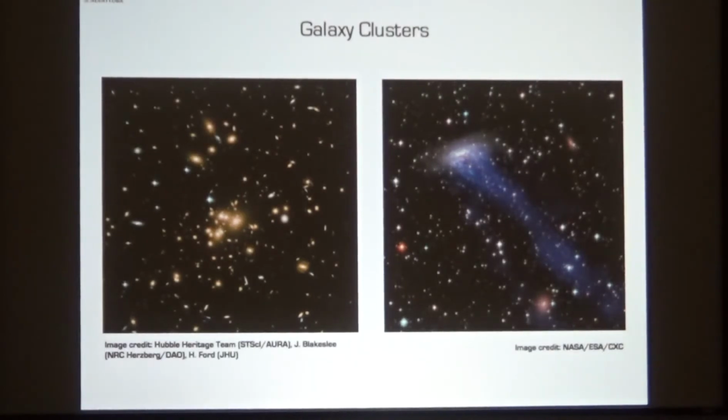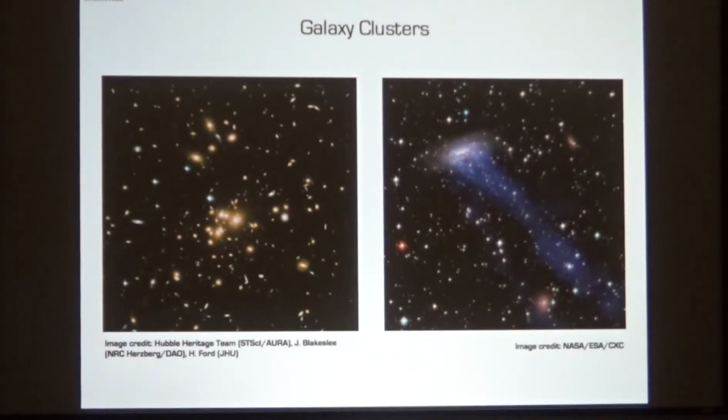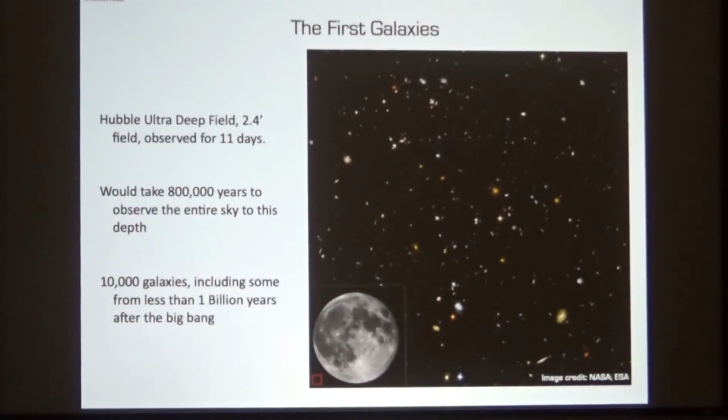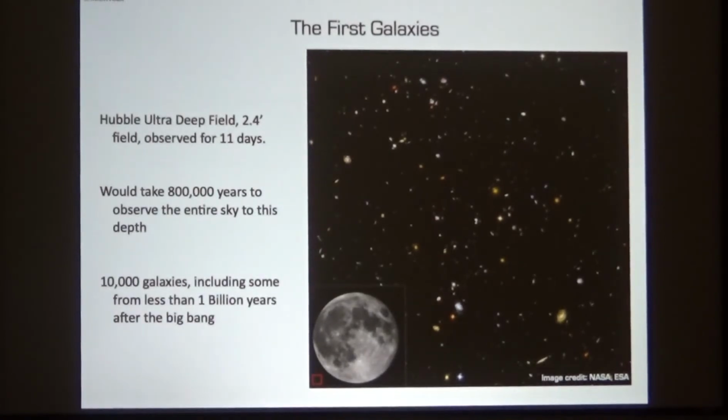So this is something that's a key impact of the environment of a galaxy. Now, beyond just looking at the environment and looking at galaxies in depth, we can look very, very deep into the cosmos these days.